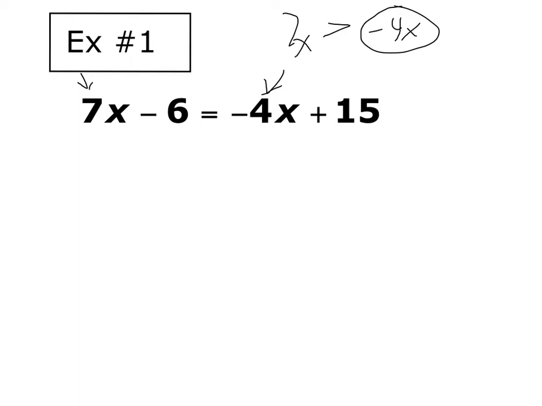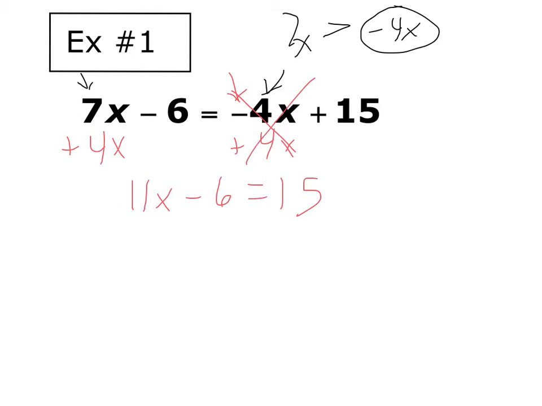Okay, so since it's negative, we want to undo that subtraction with addition on both sides. Okay, so add 4x on both sides. Those 4's cancel. And then you have 11x minus 6 equals 15. Okay, now you're to that two-step equation that we always do.